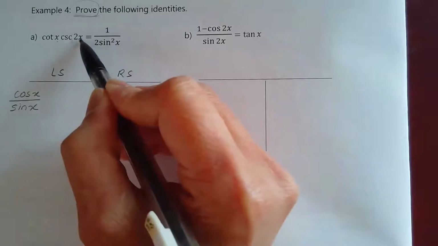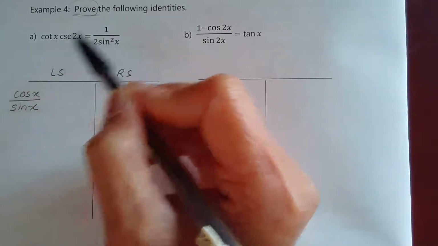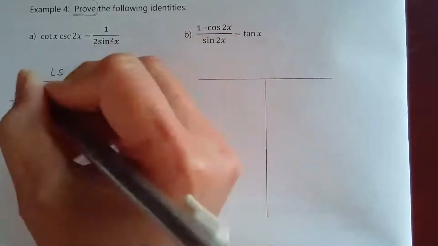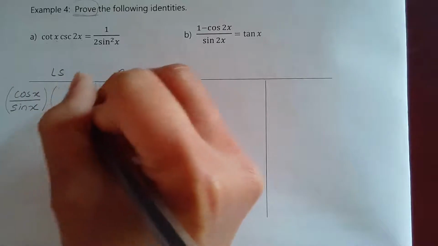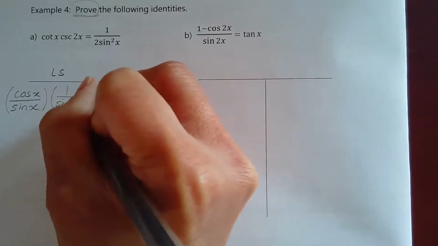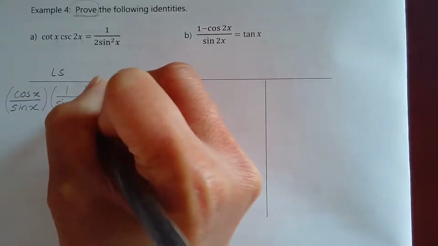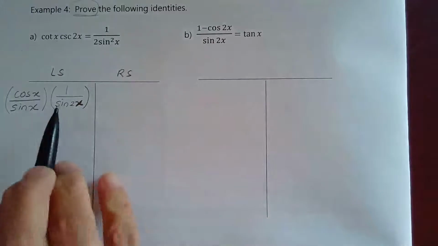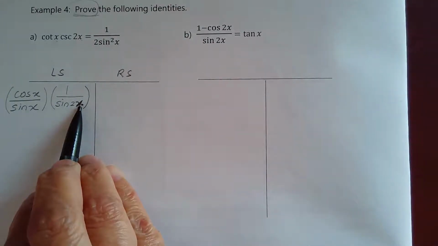Well, cosecant is the reciprocal of sine. So we can write that. Let's write it as 1 over sine 2x. Okay, this is 2 times x. Not squared, but sine 2x.